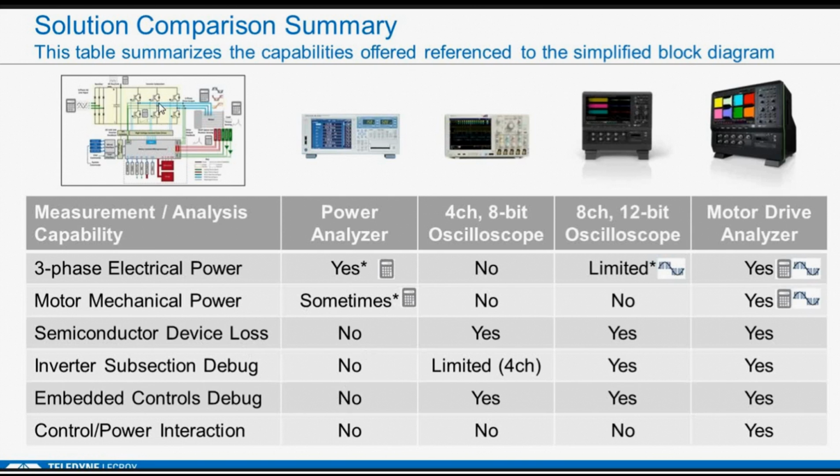You can't dig into the inverter subsection with your power analyzer and look at the voltage across the capacitor or something like that. So it's very limited, no embedded debug, and of course these products here as well. Very limited. A scope is reasonably good at the control systems, not so good at control power interactions, and the motor drive analyzer really ties it together the best.